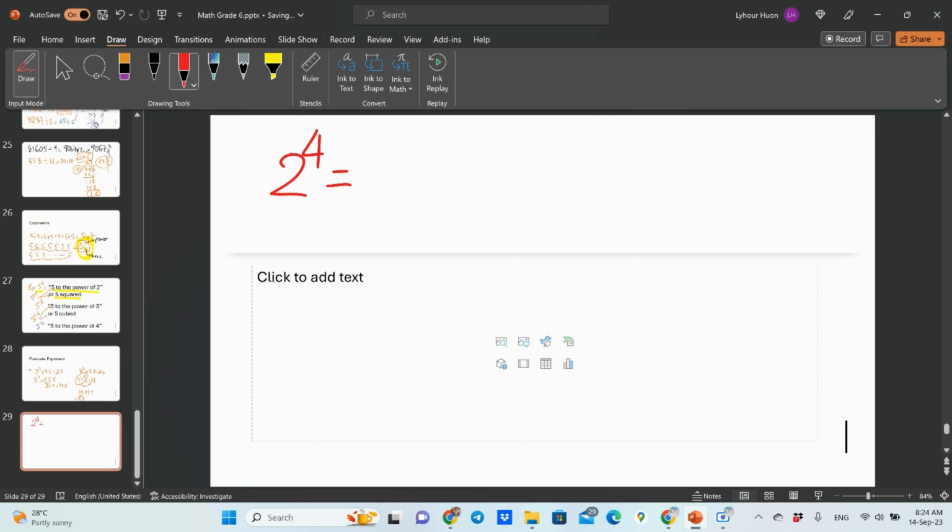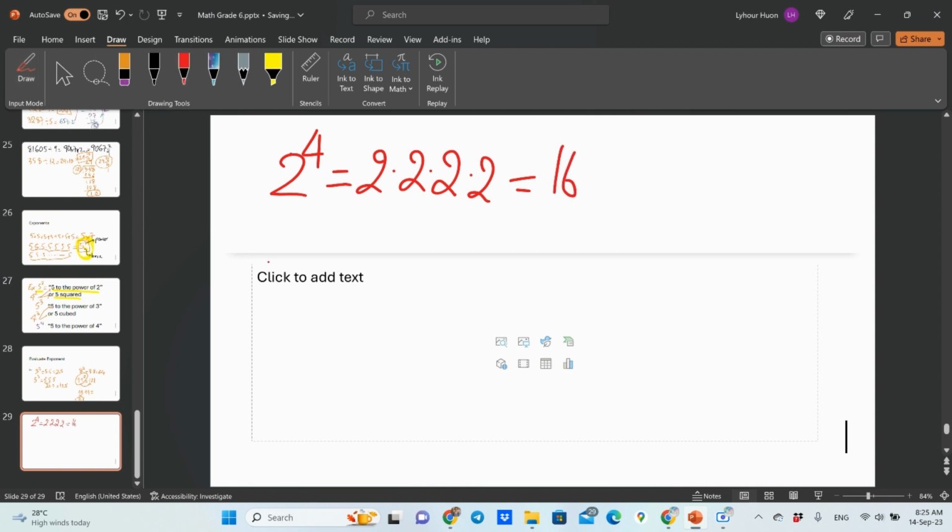What is this equal to? 2 times 2 equals 4, times 2 equals 8, times 2 equals 16. Yeah, 16.